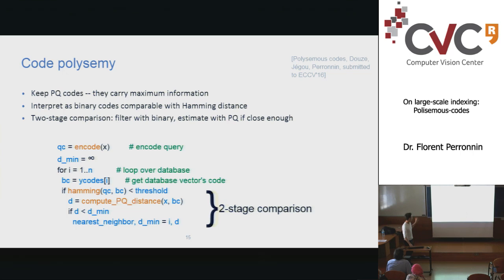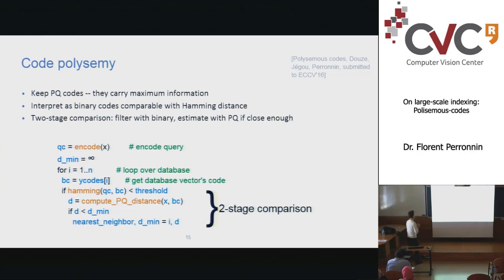But before I go to this, here is one of the central ideas of the paper. So we start with PQ codes. Again, to make it simple, just assume that you have, instead of splitting your vector into subvectors, just one centroid per vector.